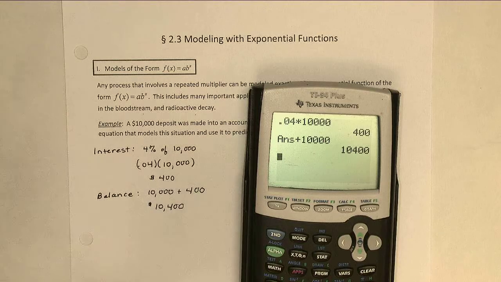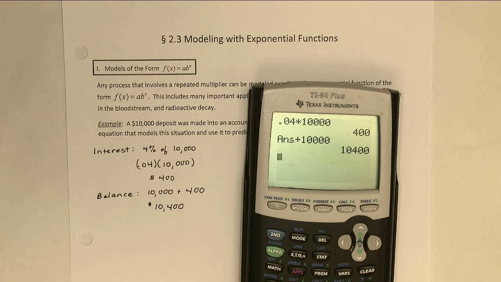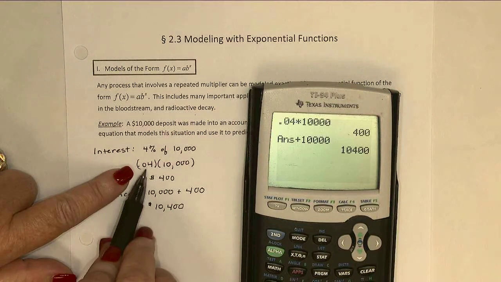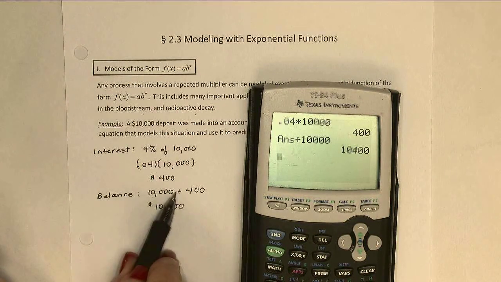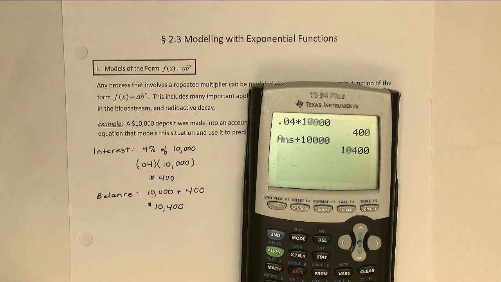Mathematically, it would be nice to model this in a way that didn't involve two steps. So I want to think a little bit about what we really did here. Basically, we kept 100% of our original amount of money, 100% of the $10,000, and then we added an extra 4% of the $10,000.